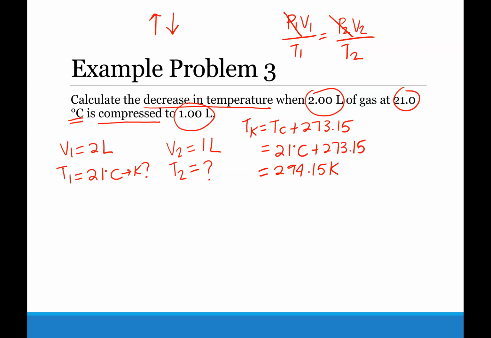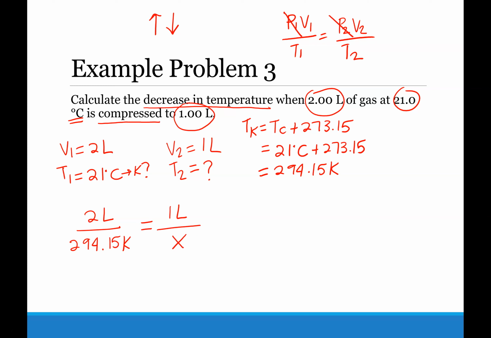So plugging these variables into our equation, V1 is 2 liters. Our new T1 that we calculated is 294.15 Kelvin equals V2, which is 1 liter, divided by X, or T2. So you can either cross multiply, or for me it's easier to just handle one side and then handle the other.